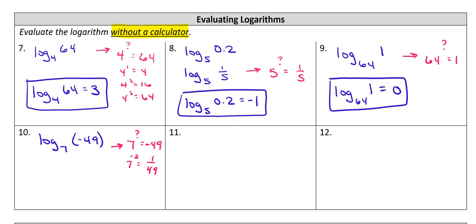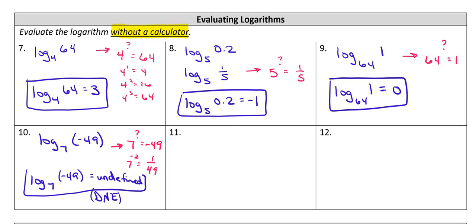If I use a positive exponent, I'm just going to have things like 7 squared, which is positive 49. There is no way to get a negative number using an exponent, because our results are always going to be positive. So what that means is this doesn't exist. Log base 7 of -49 is undefined, or sometimes we say DNE, does not exist.